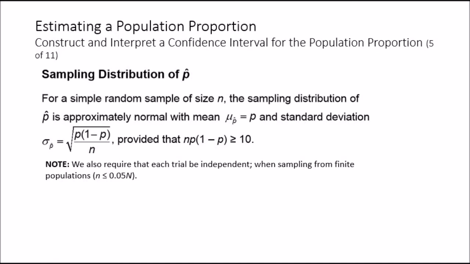Note that we also require that each trial be independent, and when sampling from finite populations, n is less than or equal to 0.05 times the population size.